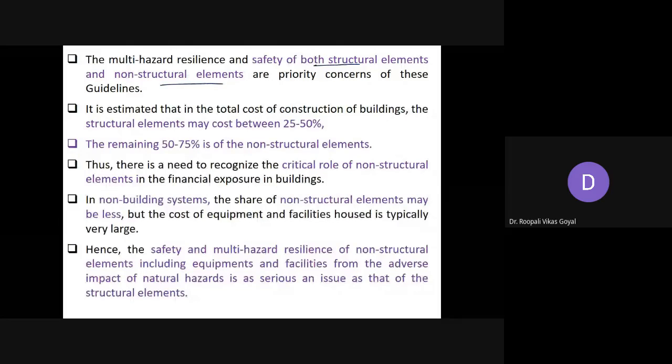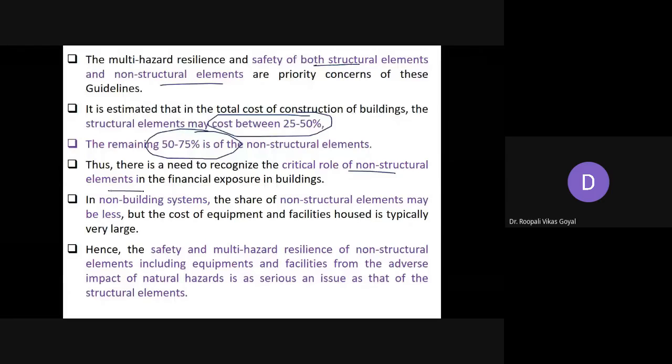And it is estimated that of the total cost of construction of a building, the structural element cost is 25 to 50%, but the remaining is non-structural elements, 50 to 75%. So there is a need to recognize the critical role of these non-structural elements in the financial exposure of the building.